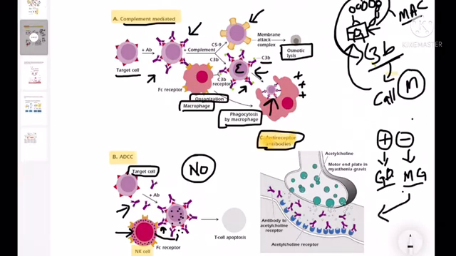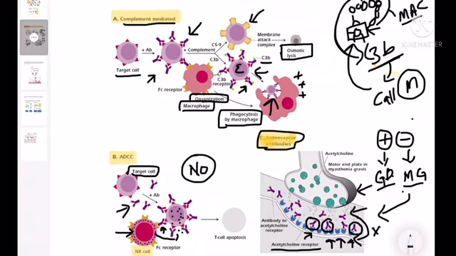In this condition, myasthenia gravis, all these blue ones are the receptors for the acetylcholine that causes muscle contraction. When the synaptic knob or the end of the neuron releases a lot of acetylcholine, these acetylcholine need to act on the acetylcholine receptor, but they are blocked by these autoantibodies.